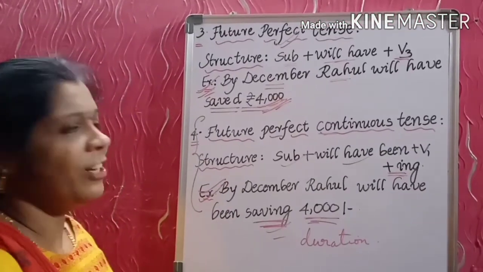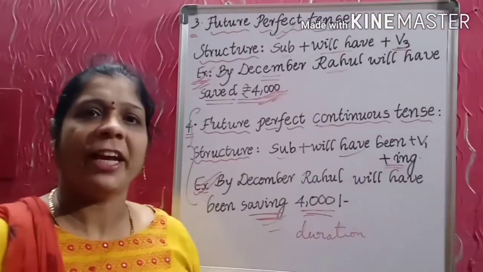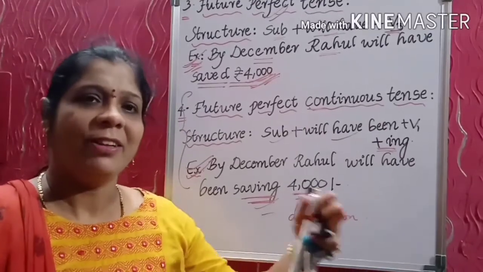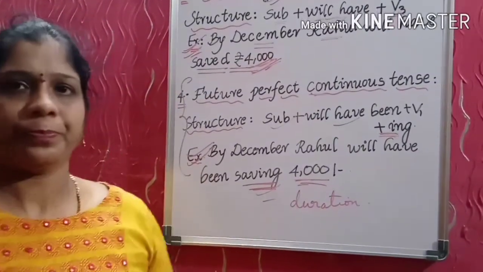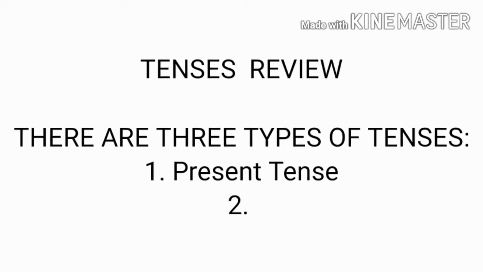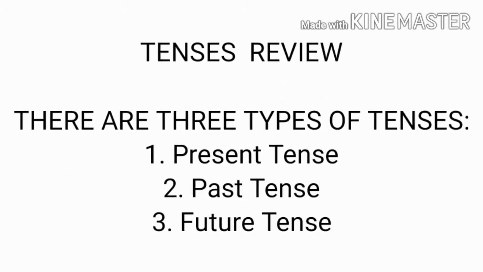Now, as we have finished all the tenses, let's have a recap of all the three tenses with every example and a structure briefly. Let's have a review of the tenses. Tenses means time. It tells us about the time of action.